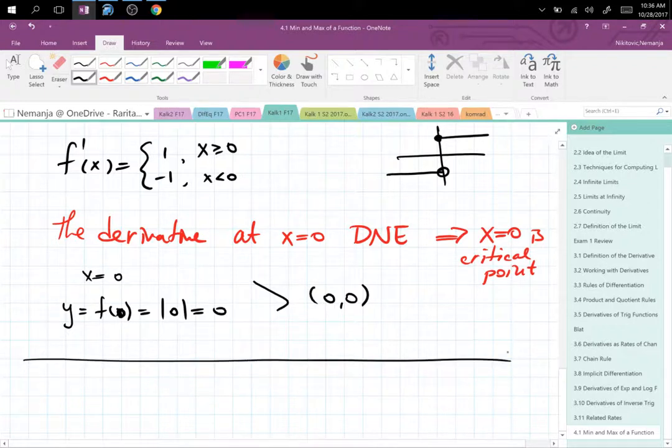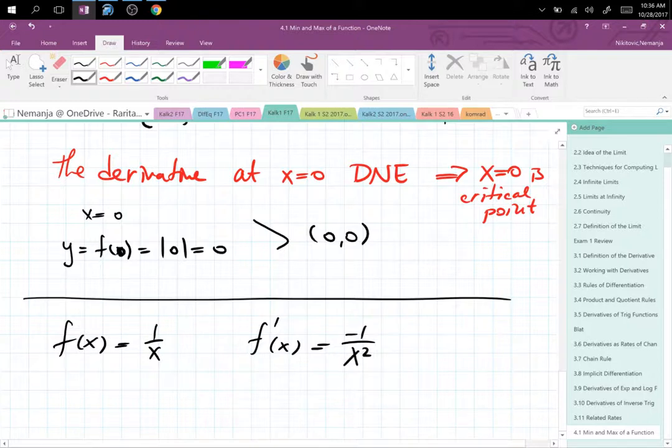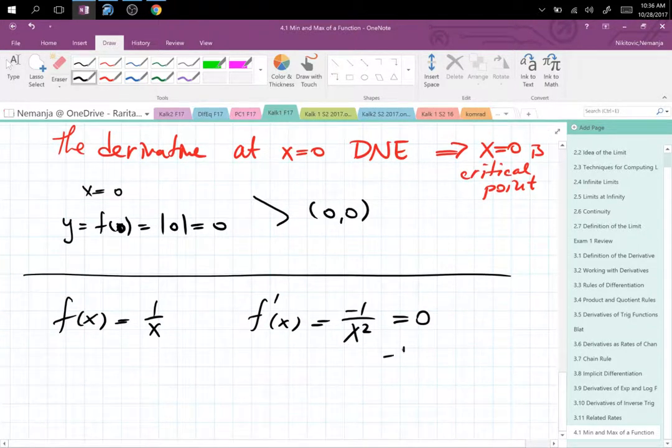And finally, one more. f of x equals 1 over x. The derivative of this one is negative 1 over x squared. What's happening here at 0? If I set this equal to 0, what happens? We get negative 1 equal to 0.